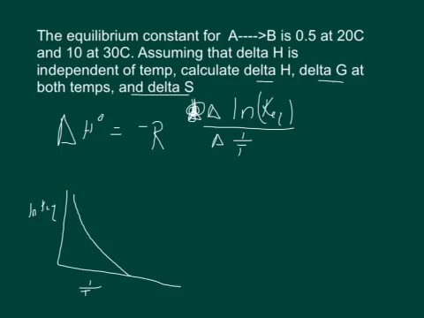You get a slightly curved slope, so the delta H would be the tangent line that intersects there.